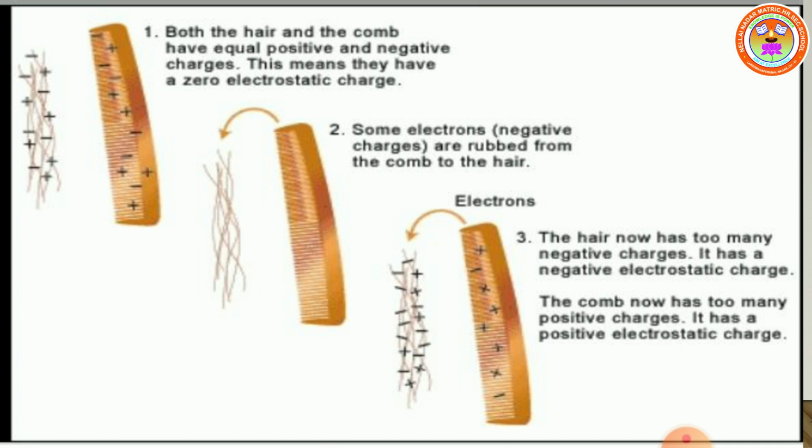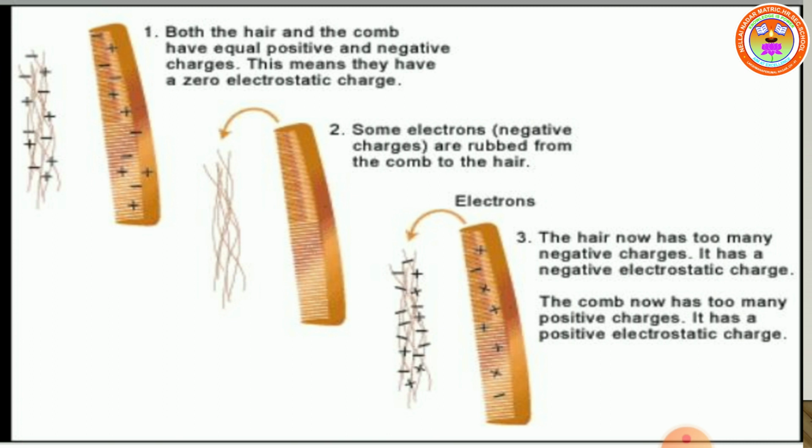So, the comb now has too many negative charges. It has a negative electrostatic charge. The hair now has too many positive charges. It has a positive electrostatic charge. These electrons are accumulated on the surface of the comb.